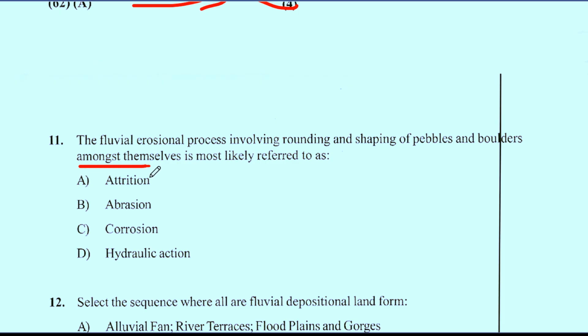Here the main thing is among themselves, meaning the boulders and cobbles are colliding with one another, and that process we call attrition. Abrasion is like when we scratch something with something. Hydraulic action is related to water movement, like potholes that are formed due to hydraulic action.